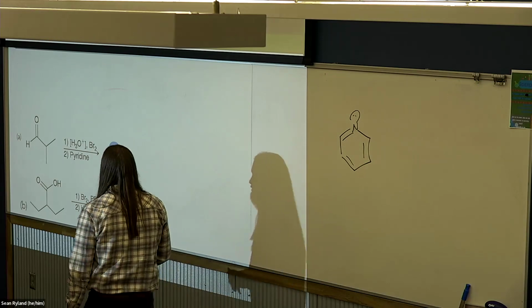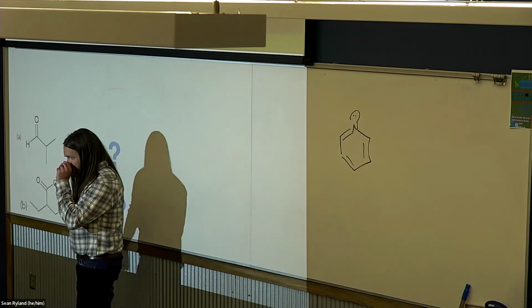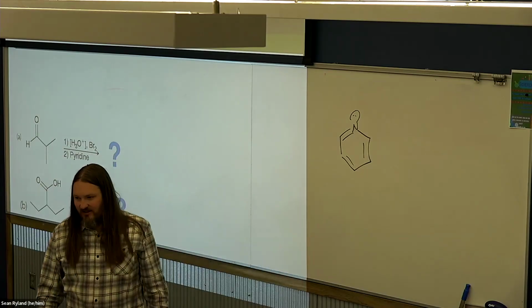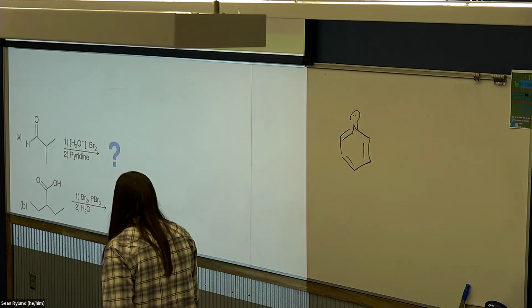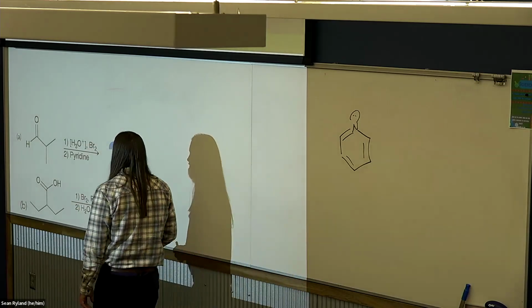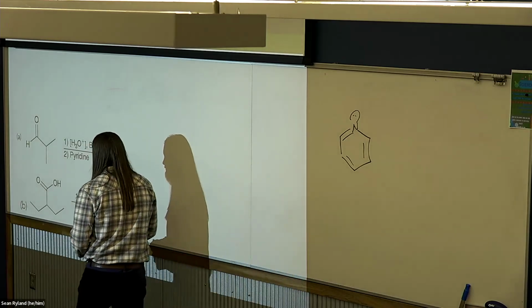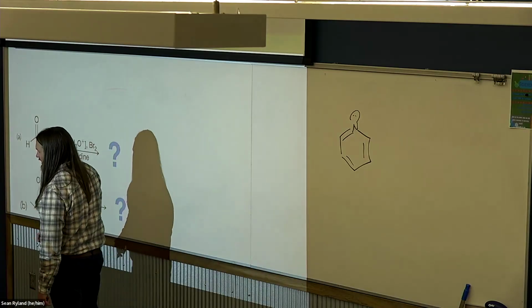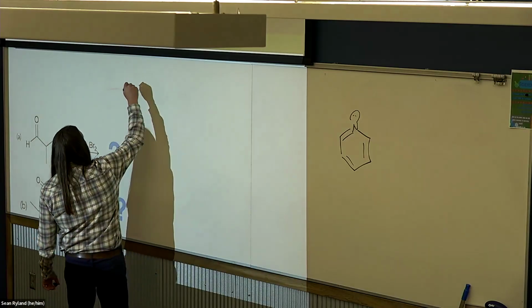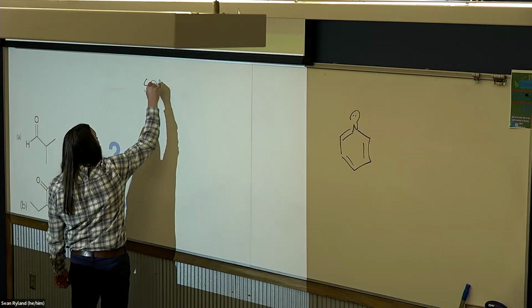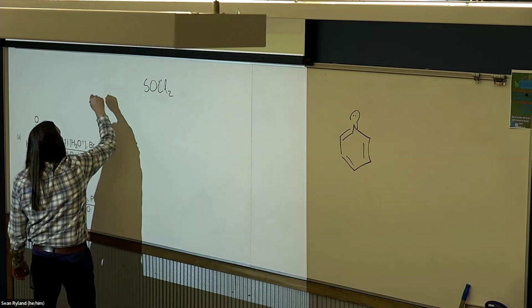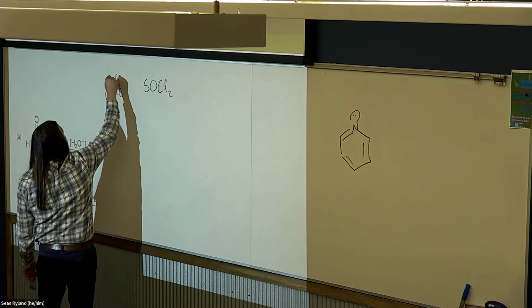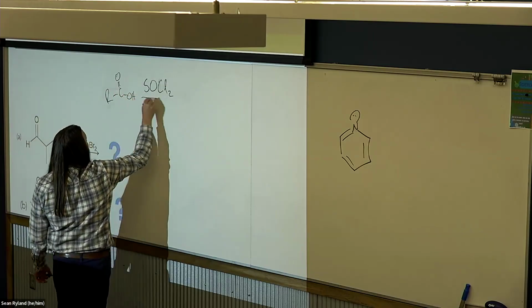No, sorry, getting back. This one's a review. That's a carboxylic acid. What does a carboxylic acid do with bromine? It replaces the OH. Close. Basically, remember how we said SOCl2 was a good way to turn a carboxylic acid into an acid chloride?